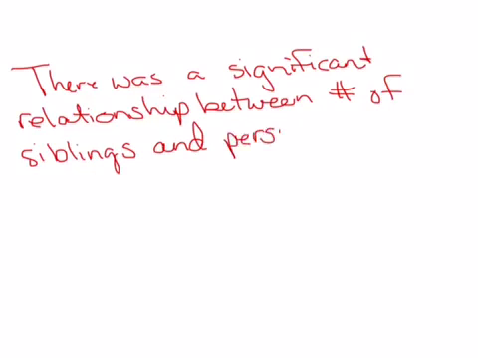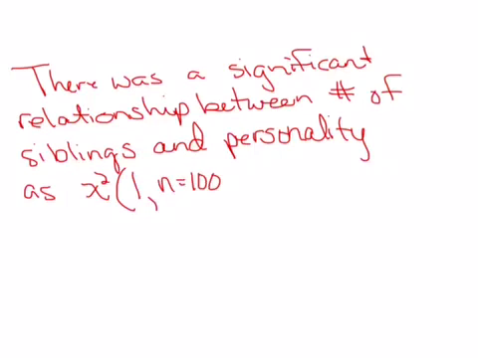You can just use a blanket, that umbrella term for your independent variable categories, as, we're going to say chi-square, and in parentheses we're going to put our degrees of freedom that we used to look up our critical value, and then n equals 100, and our obtained test statistic rounded to 2 decimals, 4.89. p is less than 0.05, that was the alpha we used.